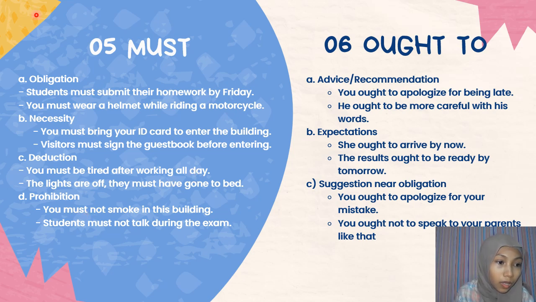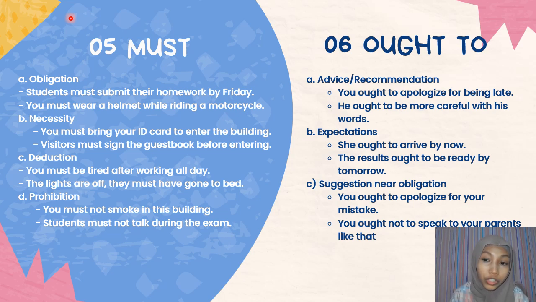Next, prohibition. Must not is used to state a prohibition or something that is not allowed. You must not smoke in this building. The sixth is ought to. Advice or recommendations.